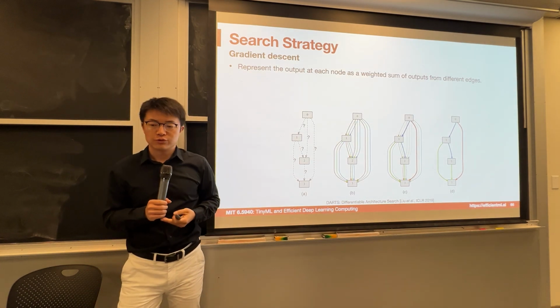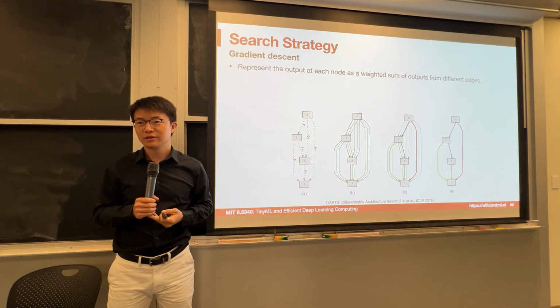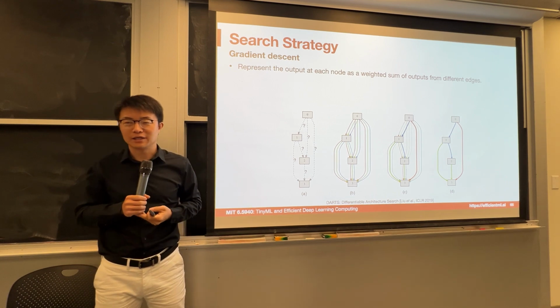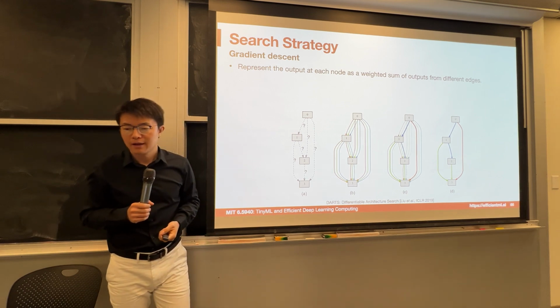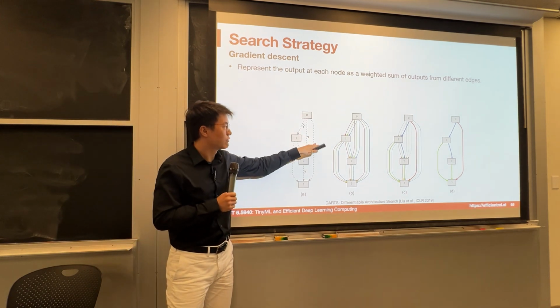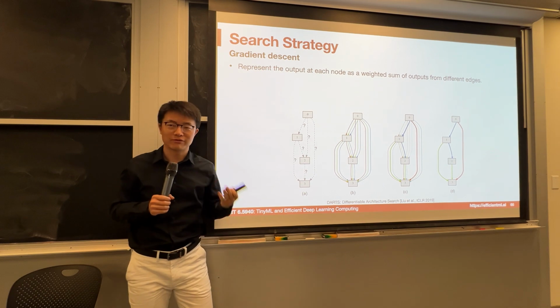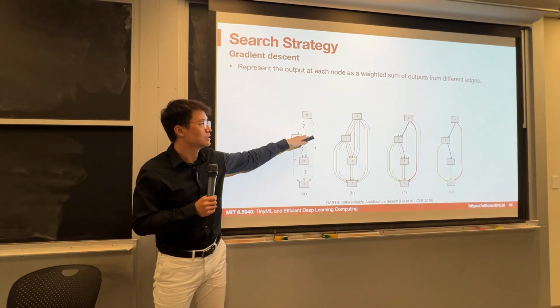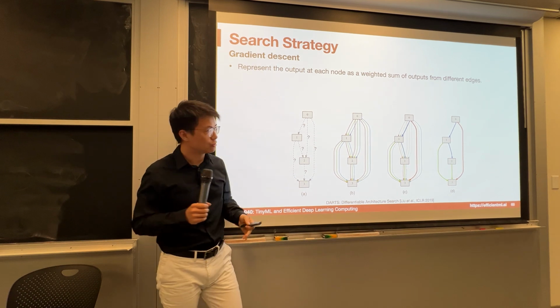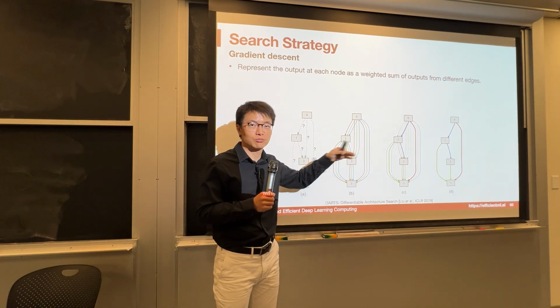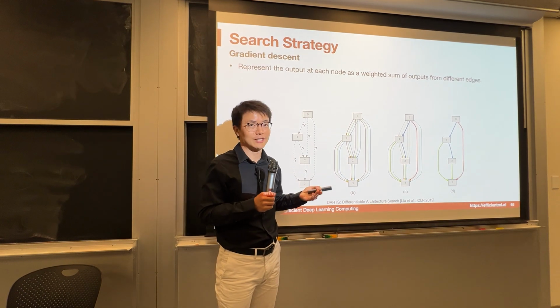Another way is to use gradient descent, which doesn't require so many iterations and is a lot more computationally efficient. For example, with different paths, you can have 3x3 conv, 5x5 conv, identity, different choices. Say you have 3 choices. So what do we do? We try all 3 with probability alpha, beta, gamma.